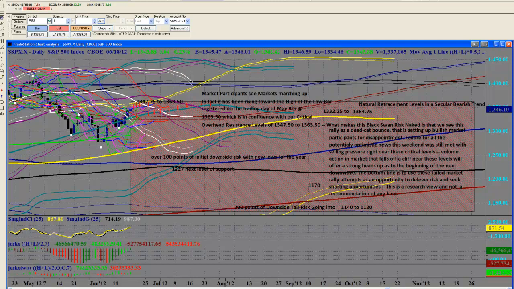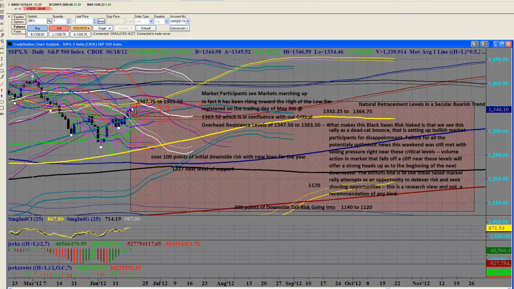So what we want to do is calibrate the high of the low bar as the overhead resistance level, based on the last time a pivot low was taken out on high volume. And it was done over here, so therefore the high of this low bar, which happens to be the area of 1363.50.